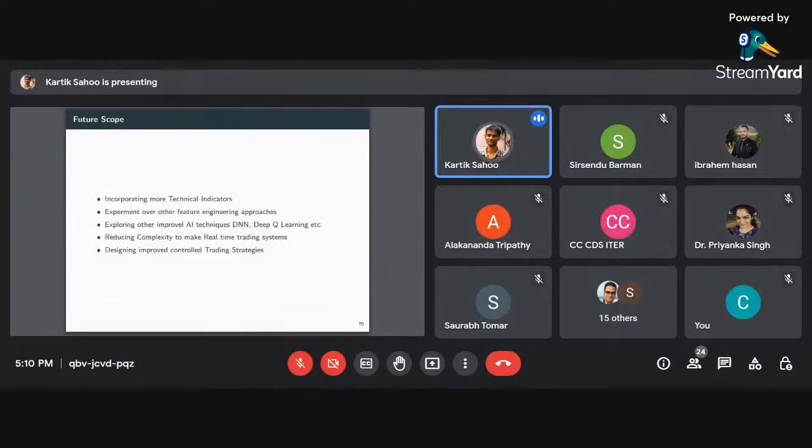Now, for future scope, we can incorporate new technical indicators during our feature engineering. Then we can experiment with different feature engineering approaches. Obviously we can incorporate deep learning, deep neural network techniques.